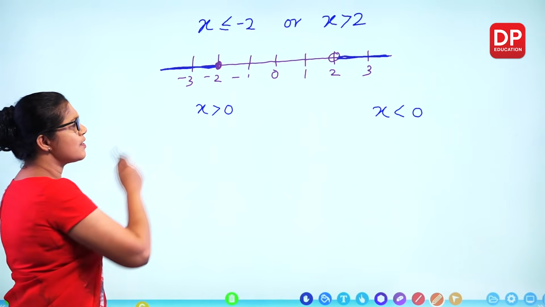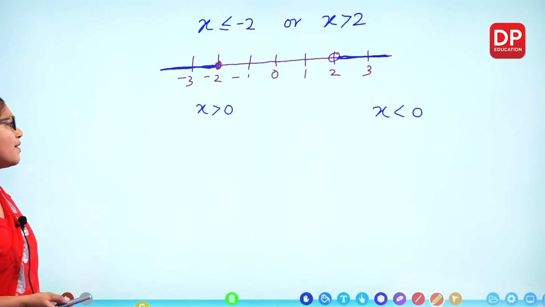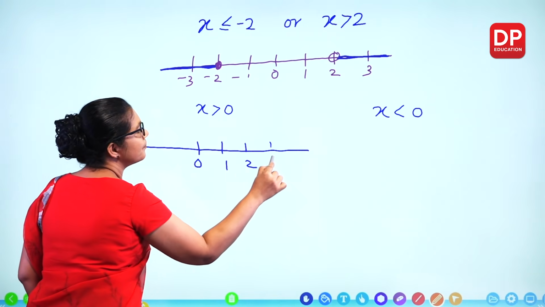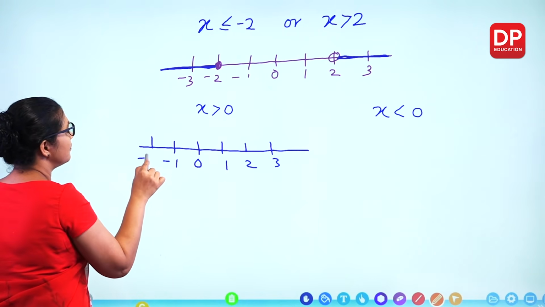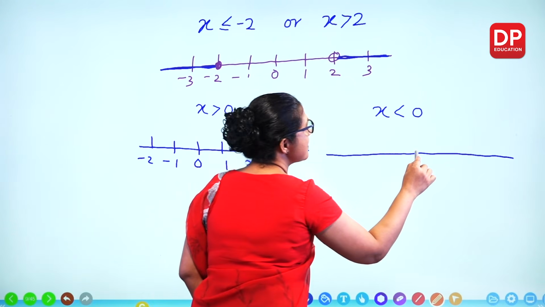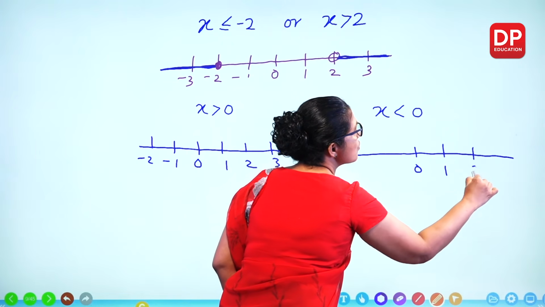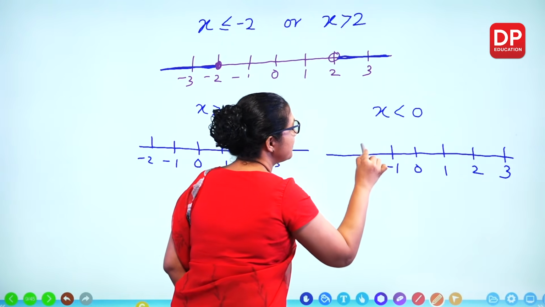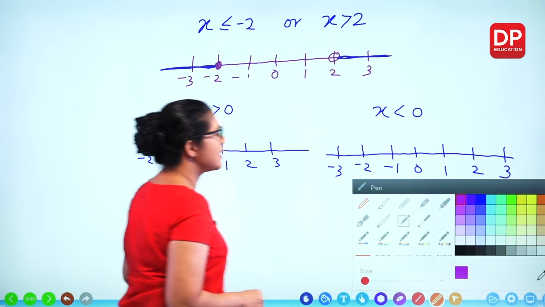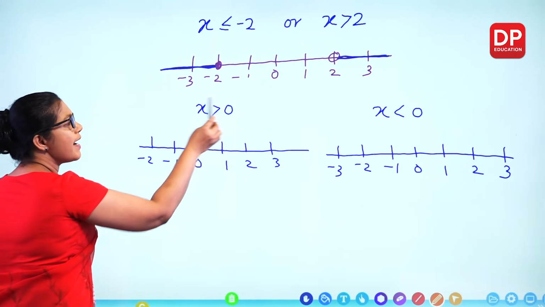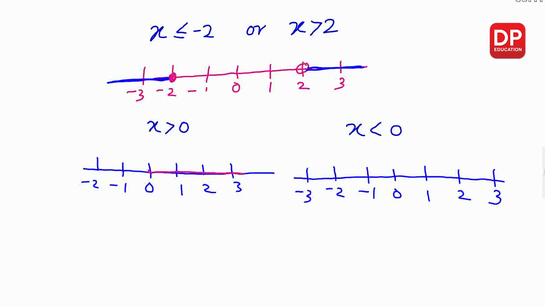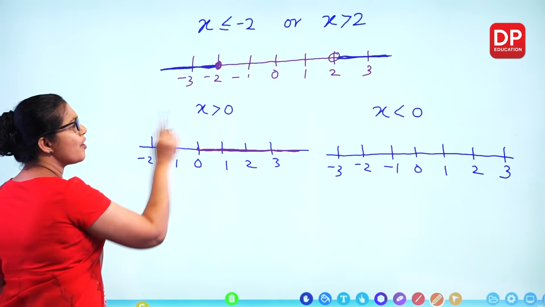Now we'll take this one, x greater than 0. I'll take this one also, x less than 0. First draw the number line and try to find out the appropriate side. x greater means to the right, so to this side. But is 0 included or not?